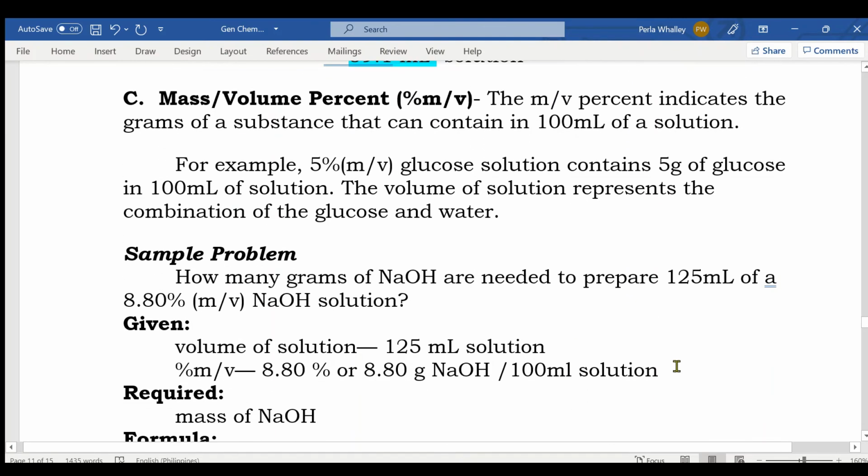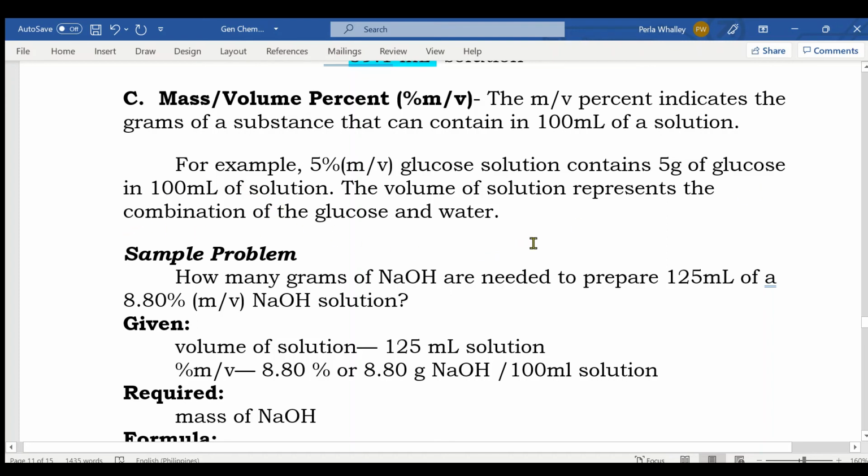Next, mass volume percent, m over v. The m over v percent indicates the mass, or the grams, of a substance contained in 100 ml of solution. For example, a 5% m over v glucose solution contains 5 grams of glucose in 100 ml of solution.